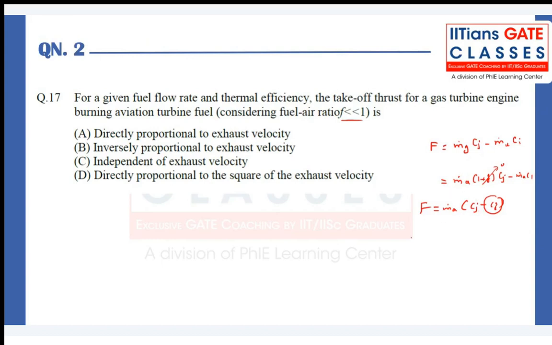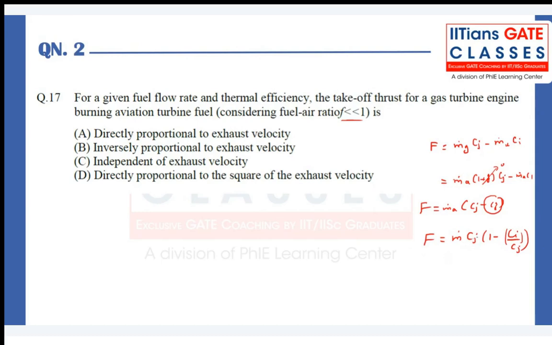So if I rearrange this particular equation, taking Cj common, it becomes 1 minus Ci by Cj. Now you see, if Ci increases during the takeoff phase, this particular quantity is going to increase, which means 1 minus that is going to decrease. So thrust decreases with increase in Cj. This is an indirect way to answer this question because there is no direct way.